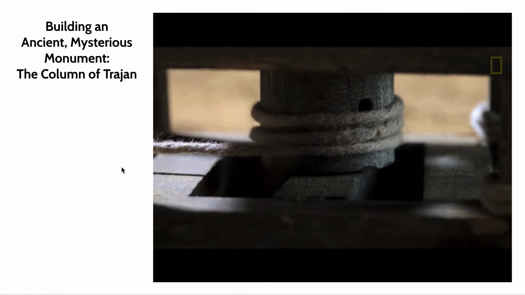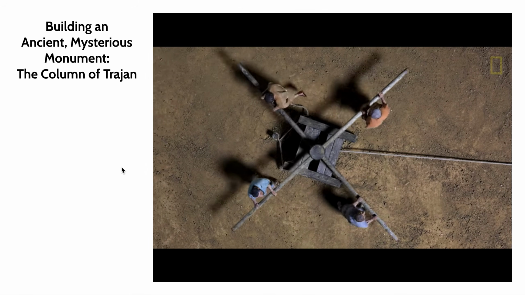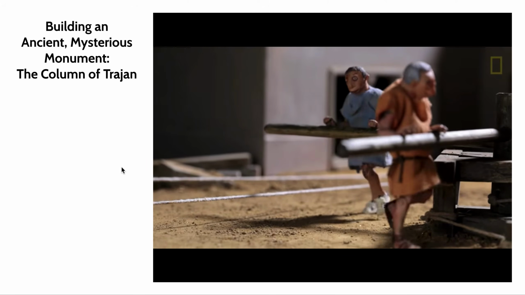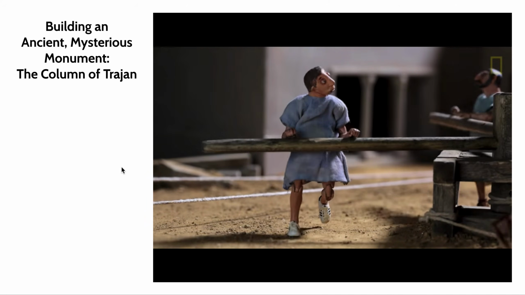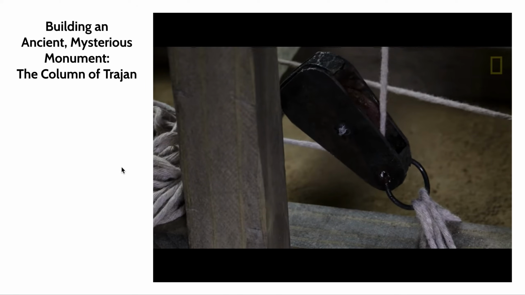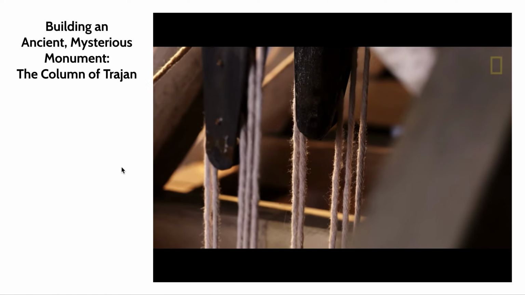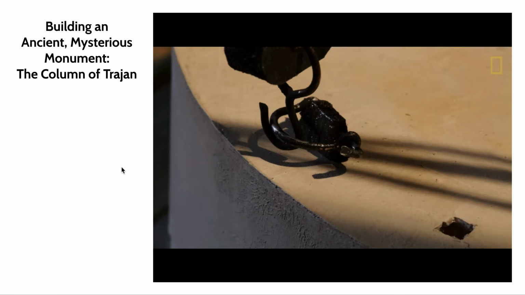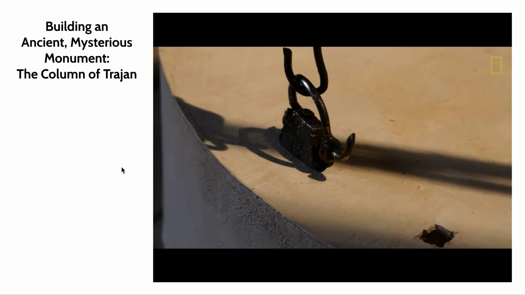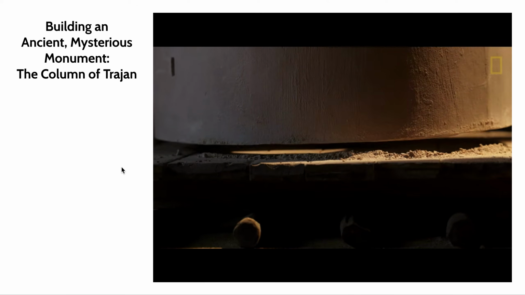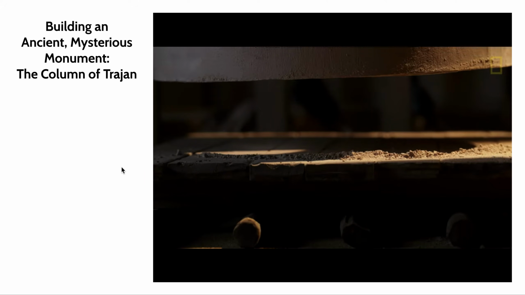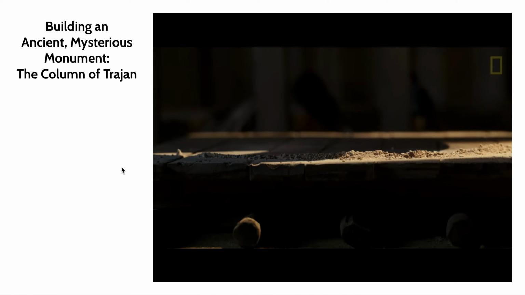Providing the power for lifting the drums was a series of capstans working in concert, each pushed by perhaps a dozen men as well as horses. These were connected to ropes that wound through pulley blocks up and down the lifting tower. In this way, a marble drum could be raised high above the streets below.